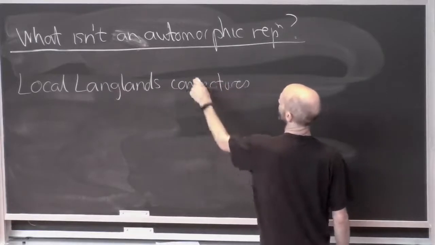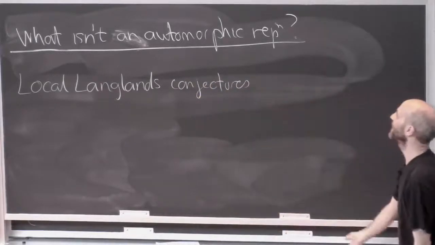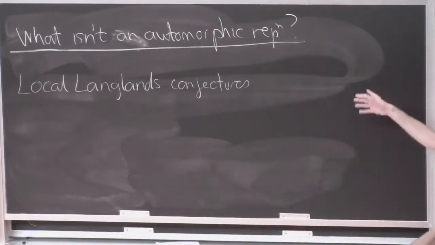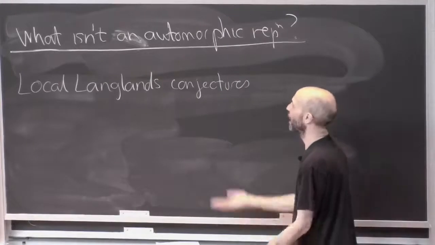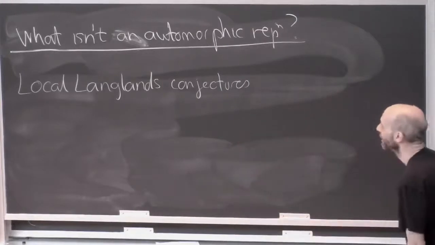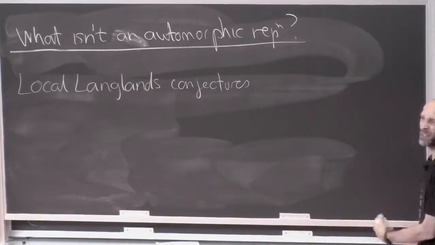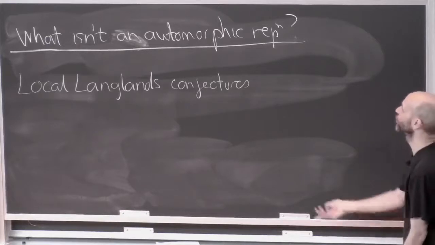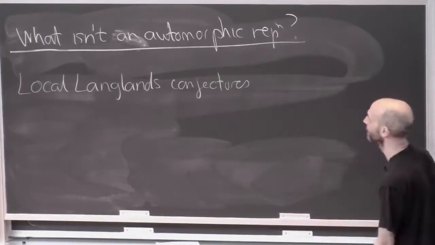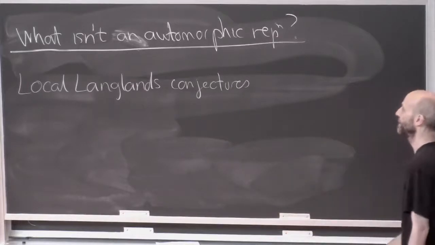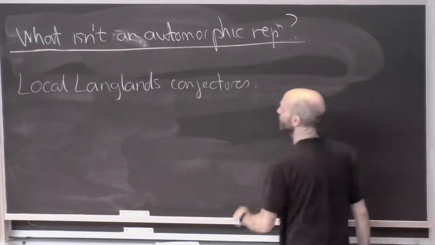There's a stupid subtlety here. I'm going to go on for like 15 minutes about something that one day dawned on me when I was some postdoc, and for some reason it took so long to dawn on me because no one ever explicitly wrote it down. So let me explicitly write it down. Maybe someone did explicitly write it down and I missed it. So the local Langlands conjectures.